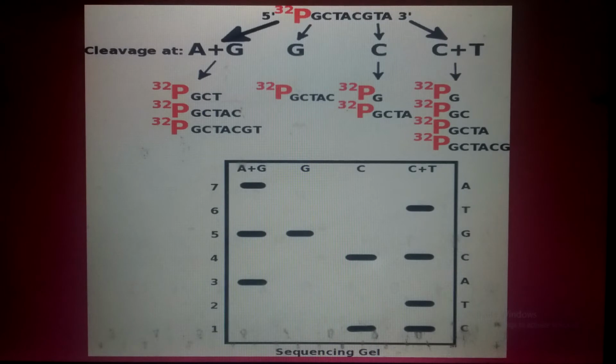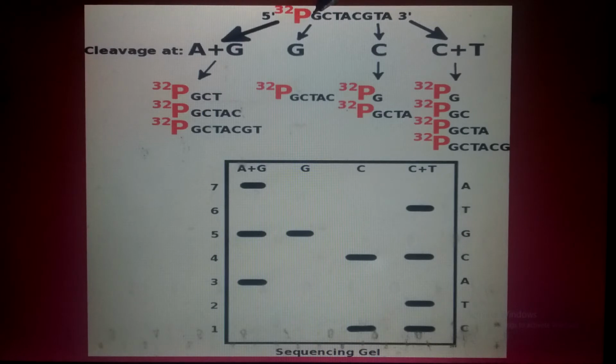You can see here with A and G, when the modification occurs at the G position, no fragment will be produced, because if the modification occurs at G, there is no strand formation, or you can say that the nucleotide attachment stopped here.